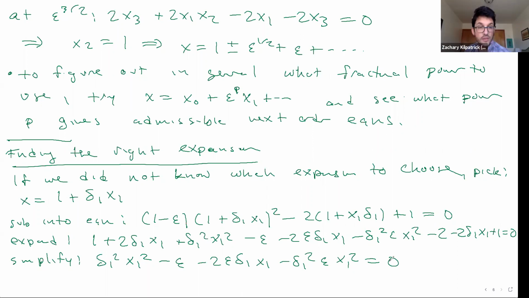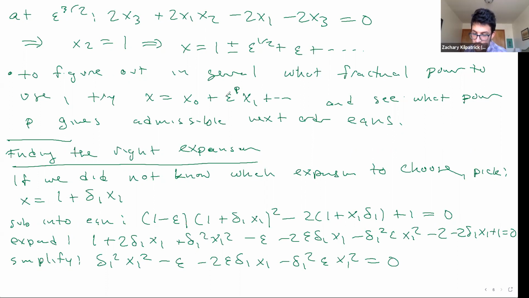And we're just left with this term matching problem where we can tune delta 1, right? Up here I said that should be epsilon to the p, but in general, this could be something even beyond fractional powers. You can extend this method to beyond just fractional powers in epsilon.